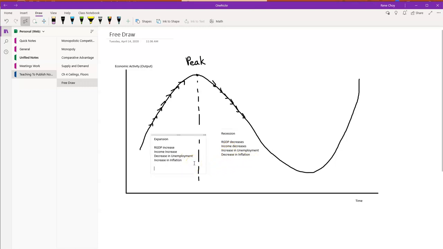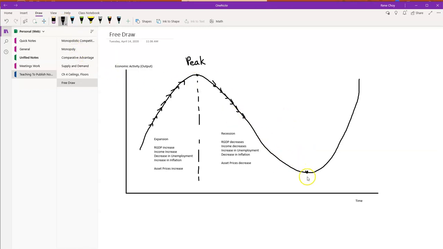During expansion, things are good because asset prices tend to go up. During a recession, asset prices tend to decrease. Depending on how long the recession lasts, we're going to start calling it a depression or a long recession.